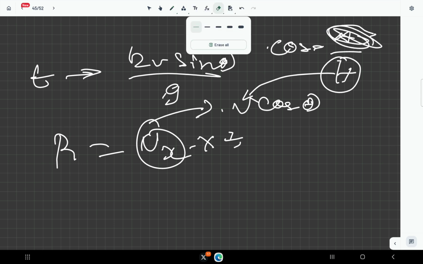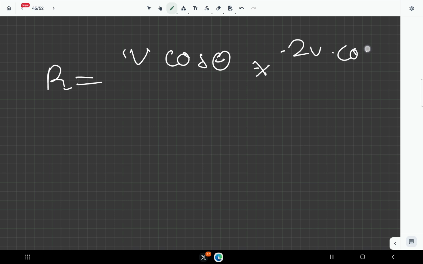So with that, now let's just substitute the values. R equals V cos theta times 2V sine theta divided by g.